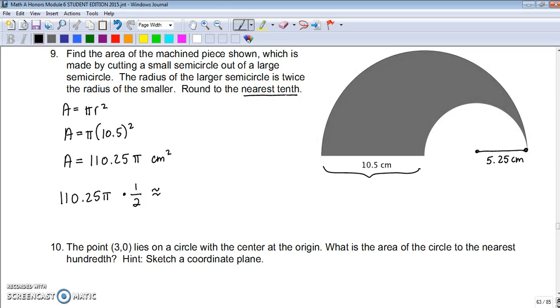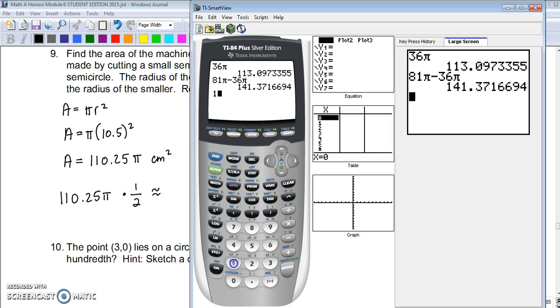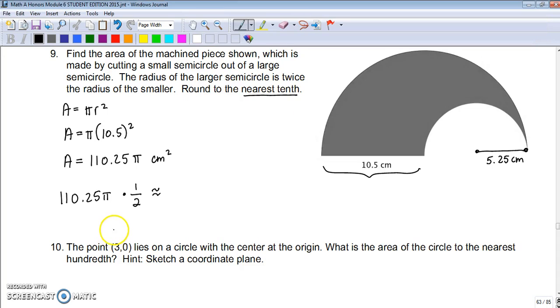That's essentially what this whole thing is, and then I'm going to work out what it is for the smaller one. So 110.25 times pi times 0.5 is, rounded to the nearest tenth, 173.2.